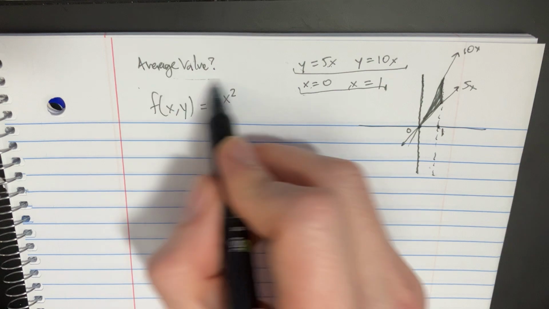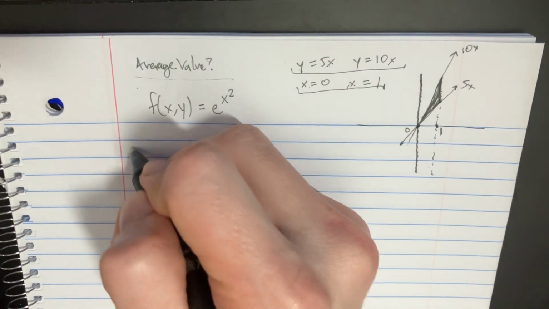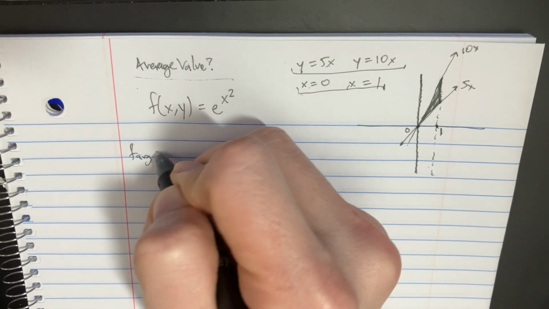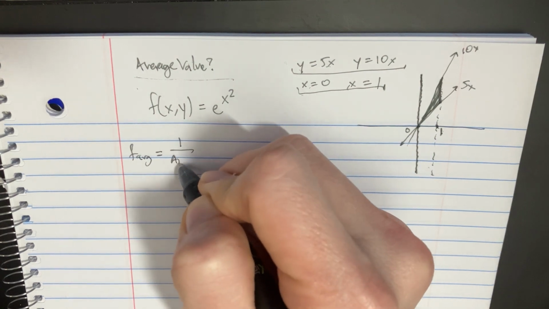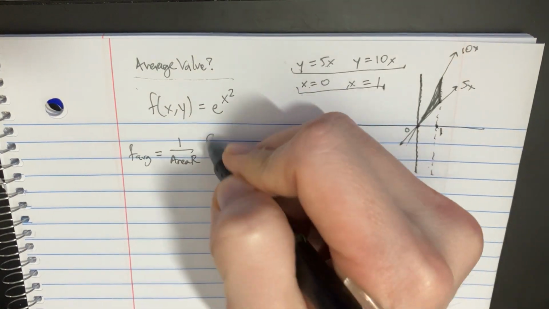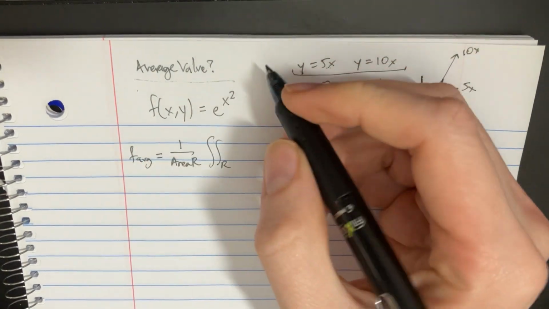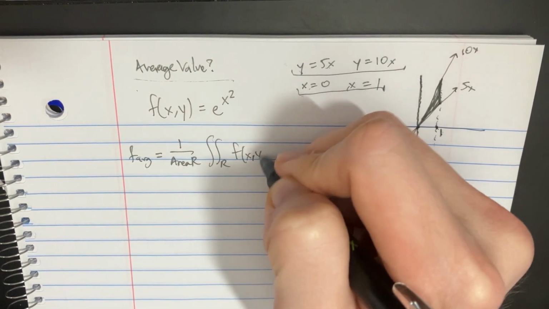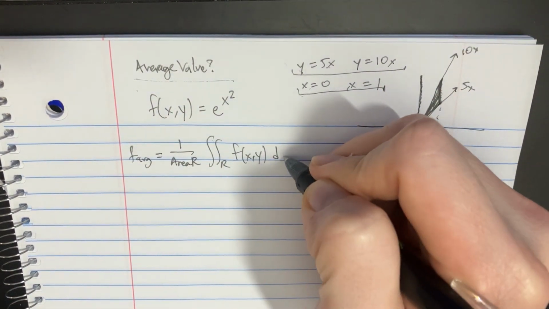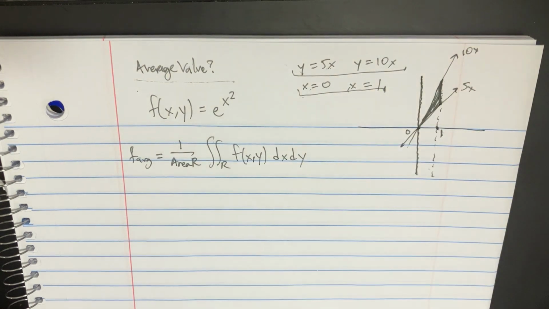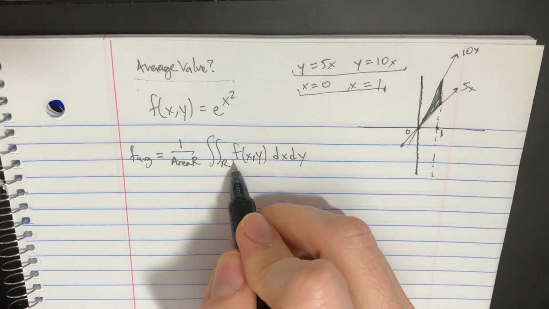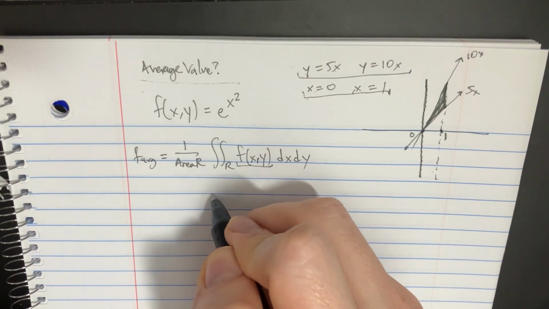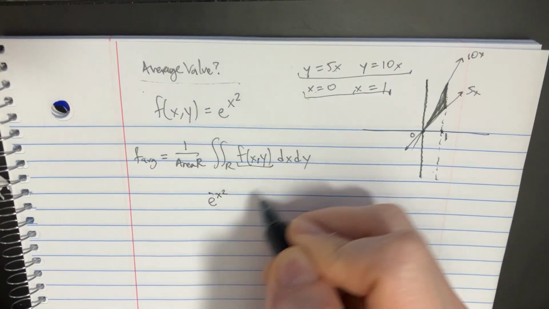Now, we're trying to find average value. So that just means f average equals 1 over area, times a double integral over the region of f(x,y), dx dy. The function is just going to be e to the x squared.